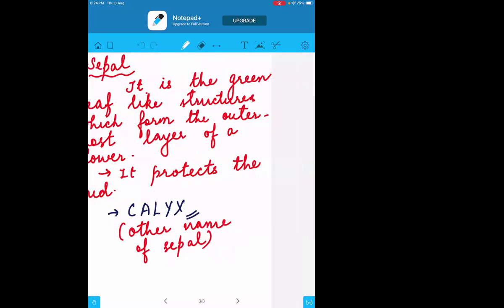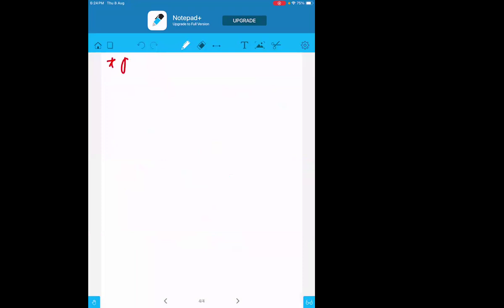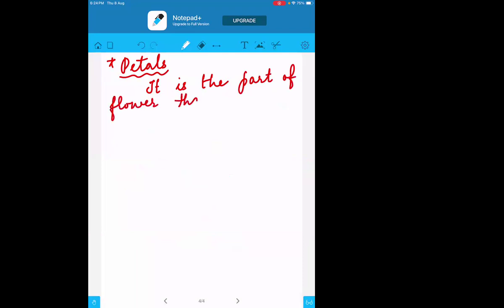Now the second one is the petals. The petals are the part of the flower that are found inner to the sepals.